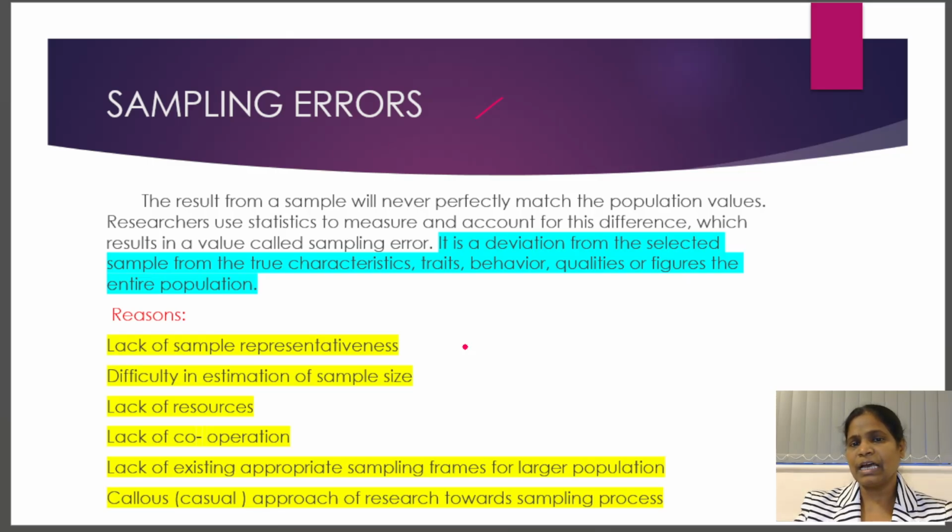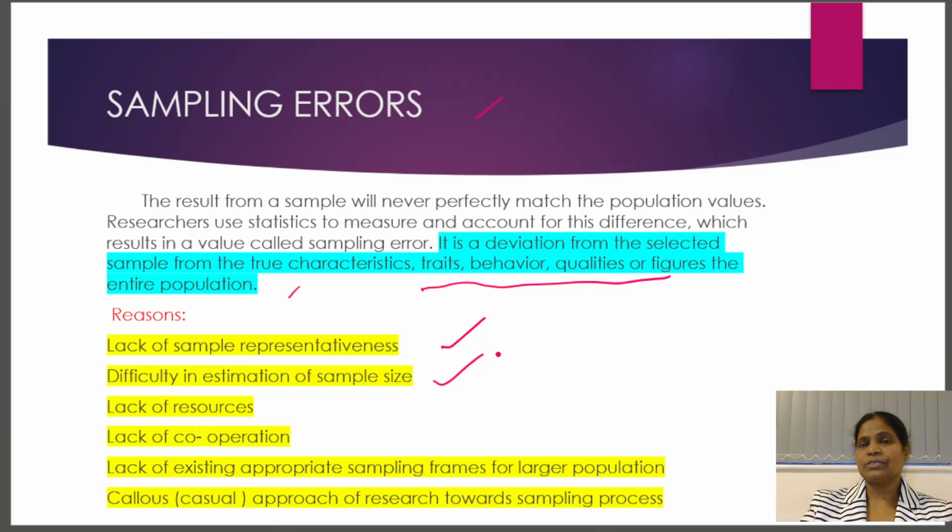Some of the sampling errors are lack of sample representativeness and difficulty in estimation of sample size. Lack of sample representativeness includes these characteristics differing from individual to individual.